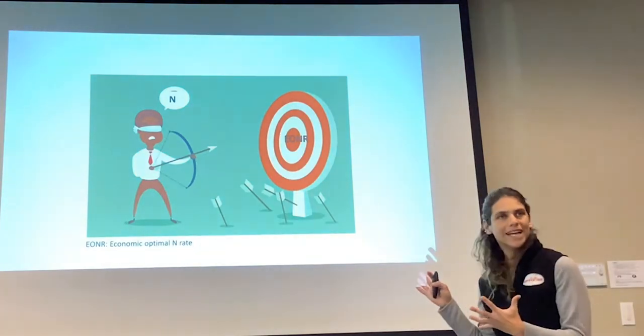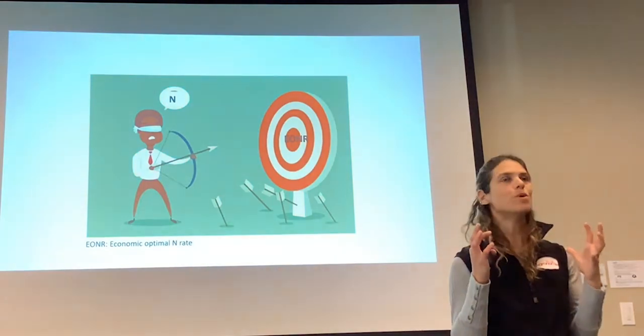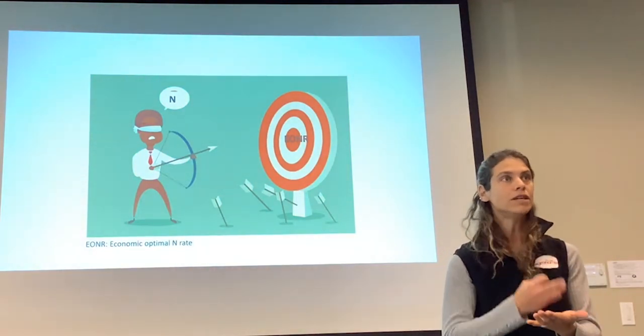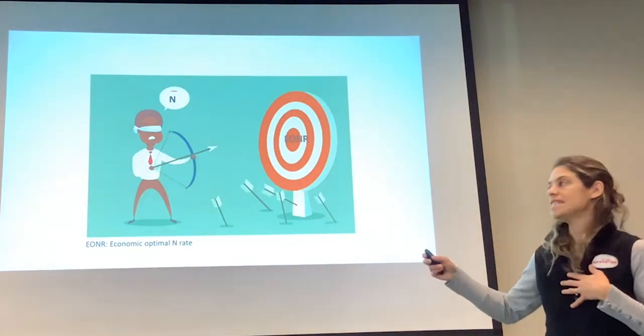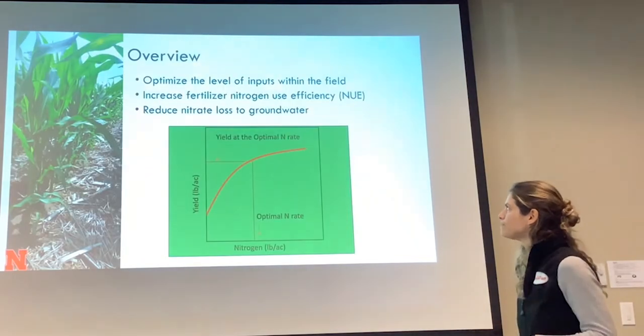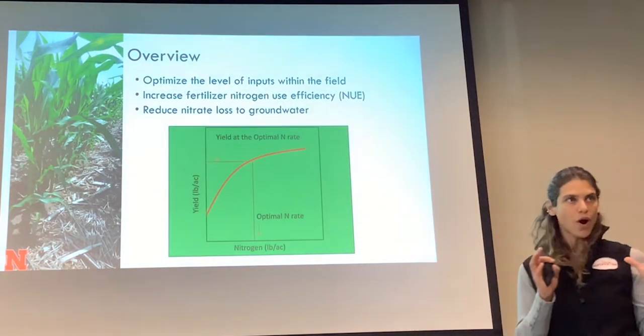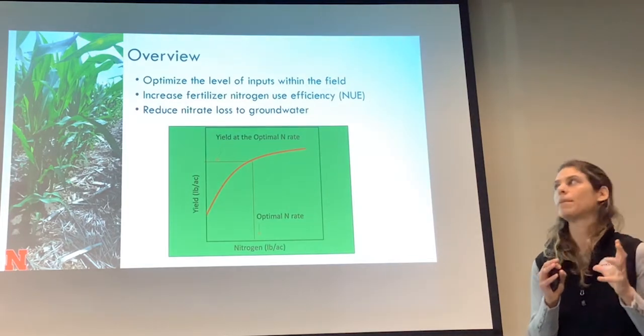So hopefully, at the end of this talk, I can bring some hope, because we currently have a lot of tools that we can access to have a better idea about what my economic optimum nitrogen rate is in my field. So just to refresh, what is the economic optimum?